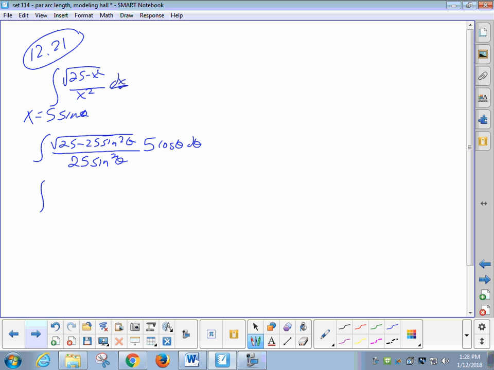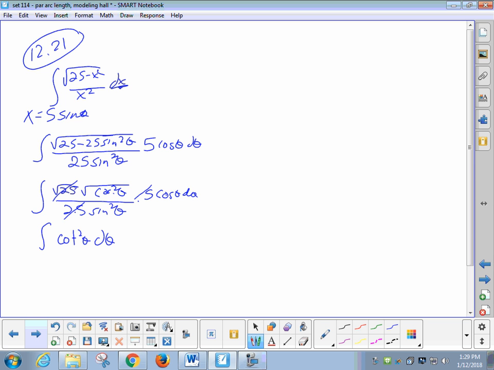Clean up. This is 25 factored out, and 1 minus sine squared is cosine squared. Okay, doing a little more cleanup. You got a 5 here, a 5 here, a 5 there. These all divide away. And it looks like you're getting something like cosine squared over sine squared, or cotangent squared.